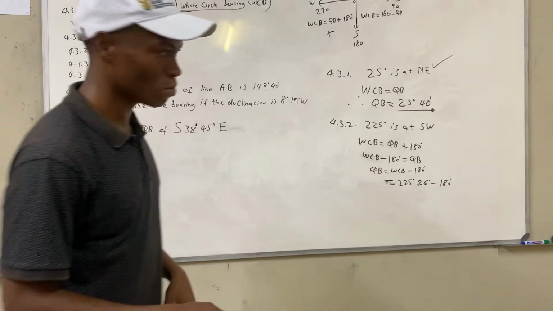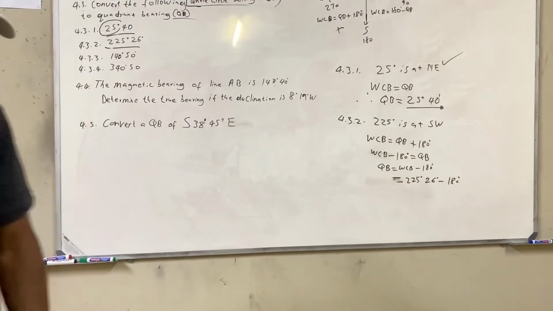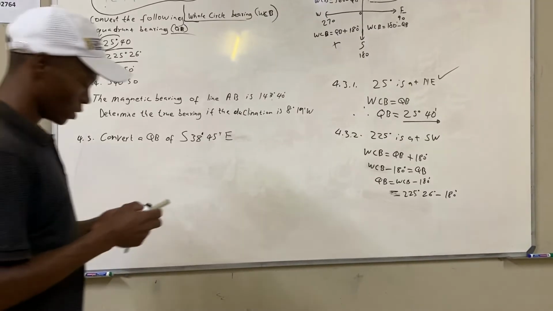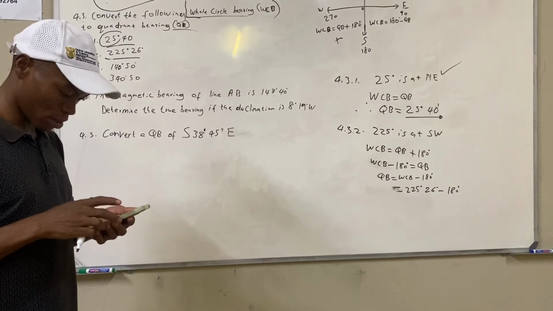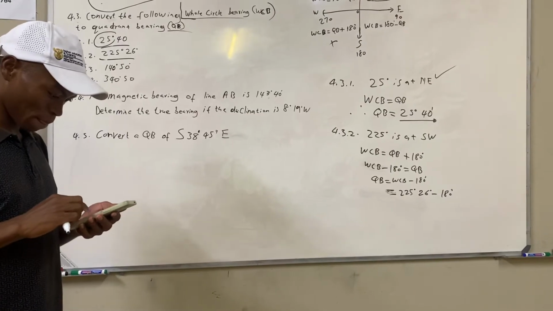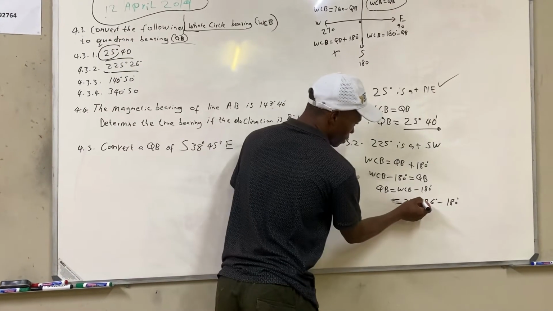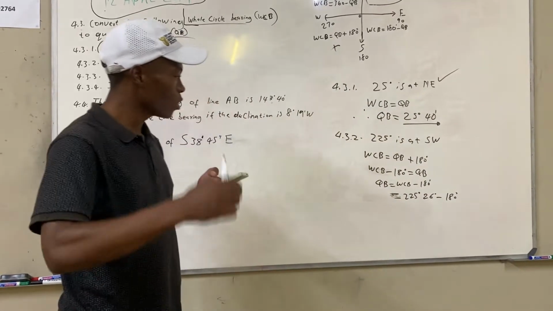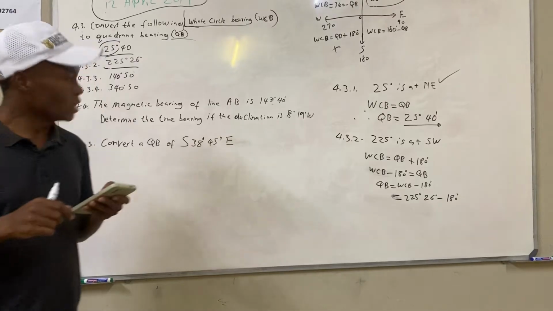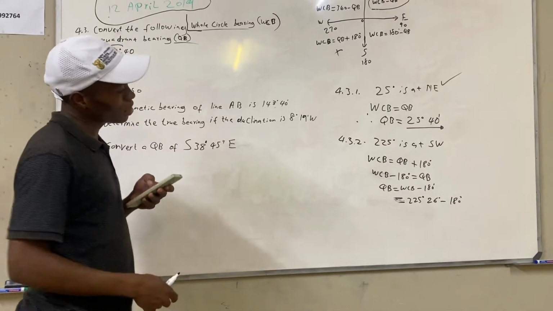Let me show you by calculator. By calculator it's very simple. You punch 225, then the degrees-minutes-seconds key. Then after that you press 26 and the key again.